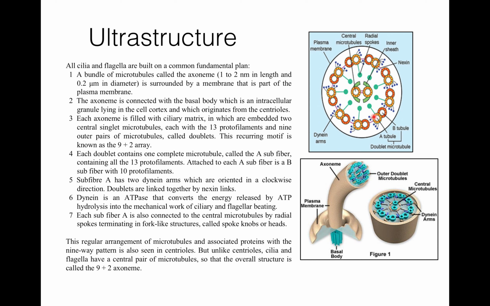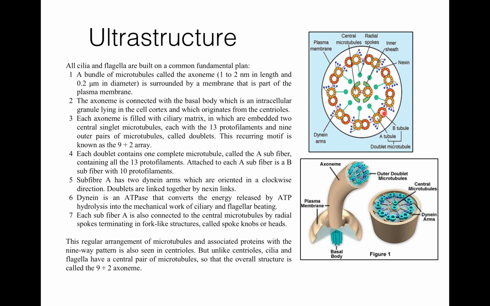It gives two arms in a clockwise direction. The inner arm is attached to the B subtubule of the adjacent microtubule for their coordinated action, while the outer arm ends in a hook.